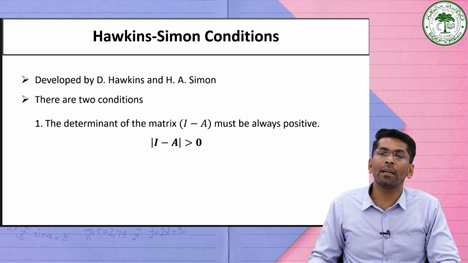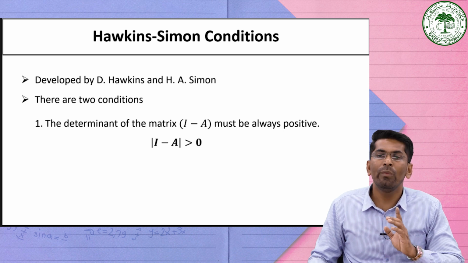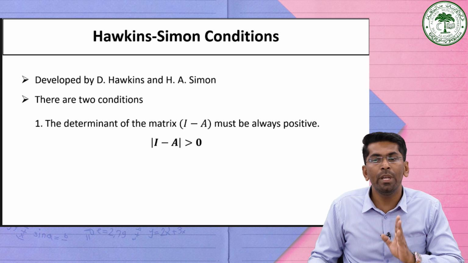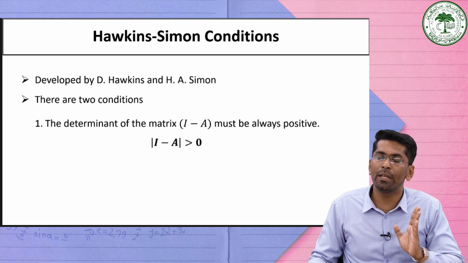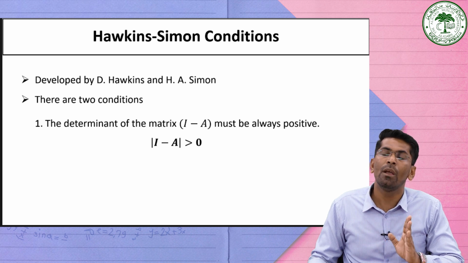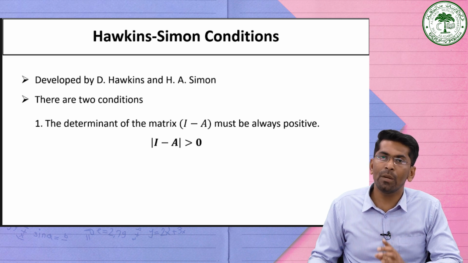The determinant condition ensures that the matrix is non-singular, which indicates that it has a unique inverse, because in order to find the output of each sector, we have to find the inverse. So the determinant value must be positive, meaning it is non-singular, thus ensuring the existence of a positive solution to the Leontief input-output analysis.